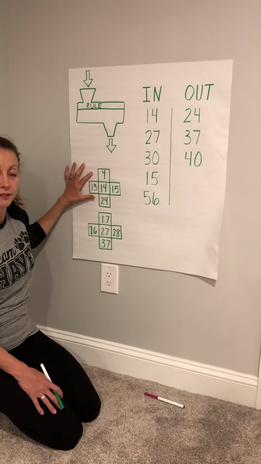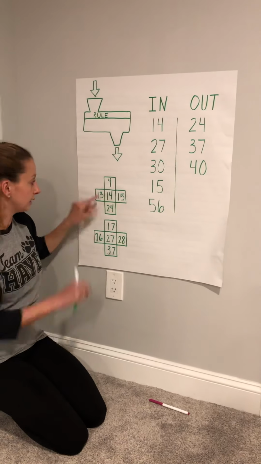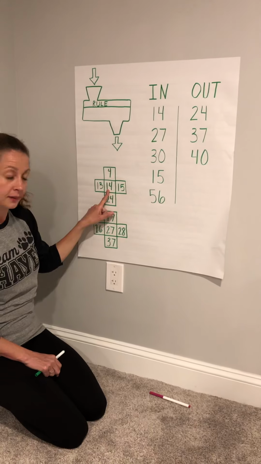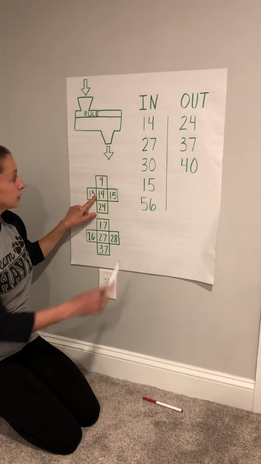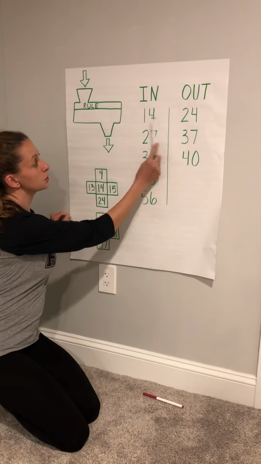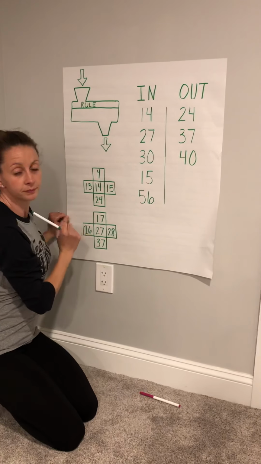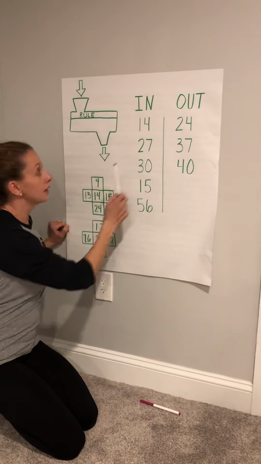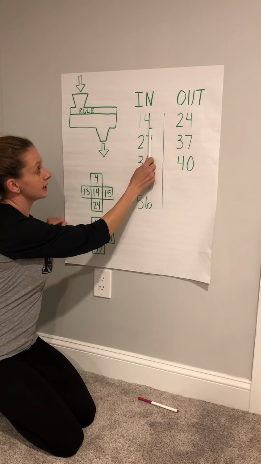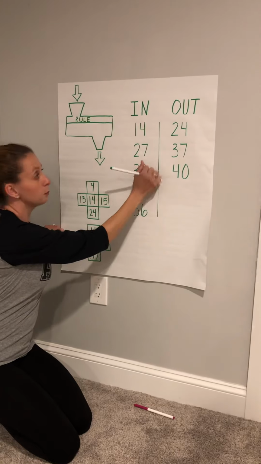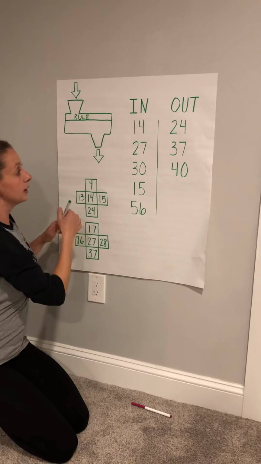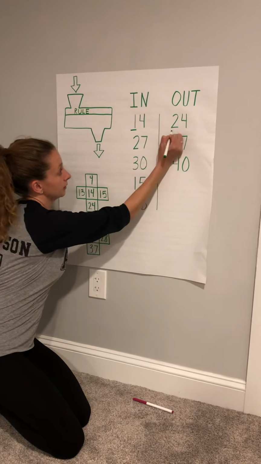Now, Mrs. Thompson drew a picture of our hundreds grid, zoomed in on the number 14. I did this to help you, because what do you notice about these two numbers? I notice that in my ones column, my digits are staying the same, but in my tens column, I'm changing.